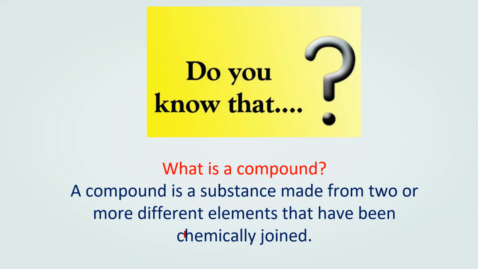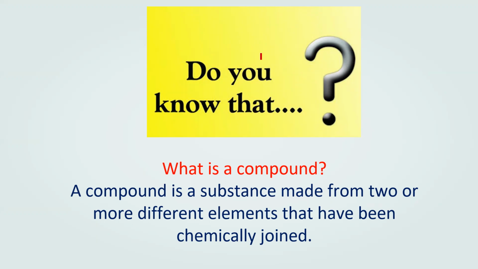So what is the difference between an element and a compound? Who will differentiate between element and compound? A compound is a substance that is made from more than two different elements that have been combined.